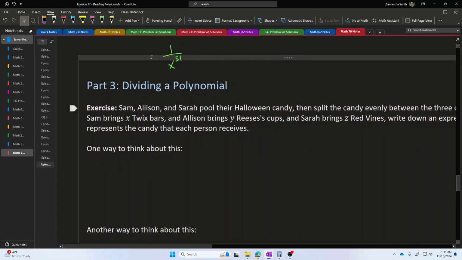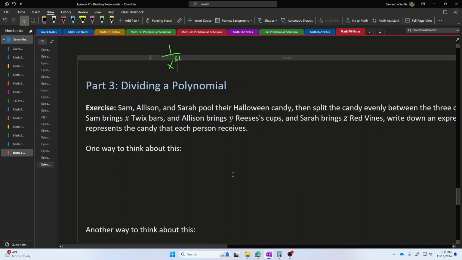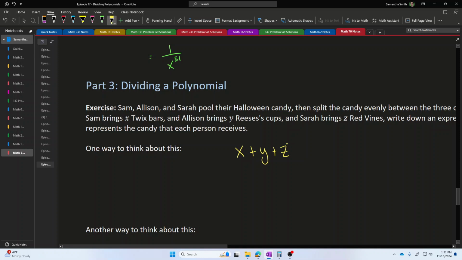If this is what we're planning to do, let's write down an expression that represents the candy that each person will receive. Now, one way to think about the process is that Sam and Allison and Sarah all put their candy together into one big pile and combine the candy as x plus y plus z, this big sum of all the individual candies that everyone has brought.